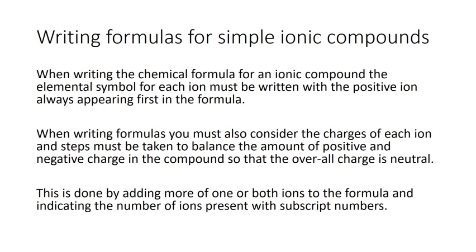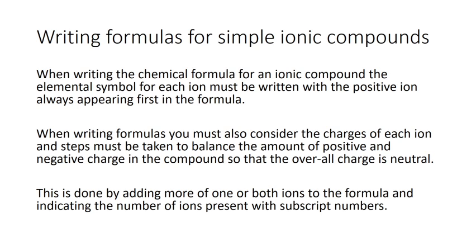So writing formulas for simple ionic. When writing the chemical formula for an ionic compound, the elemental symbol for each ion has to be written, and the positive ion always appears first in the formula. Same with the name, your positive cation is always going to be first. When writing the formulas, you also have to consider the charges on each ion, and you have to balance the amount of positive and negative charge so that overall your compound is neutral.